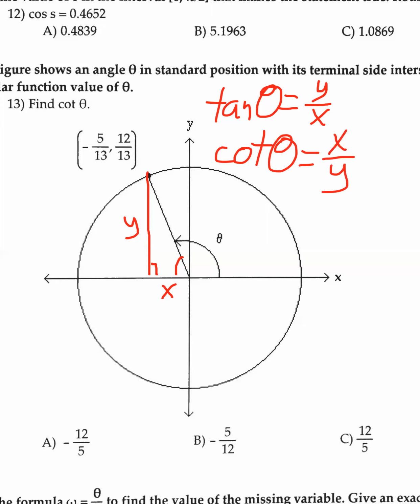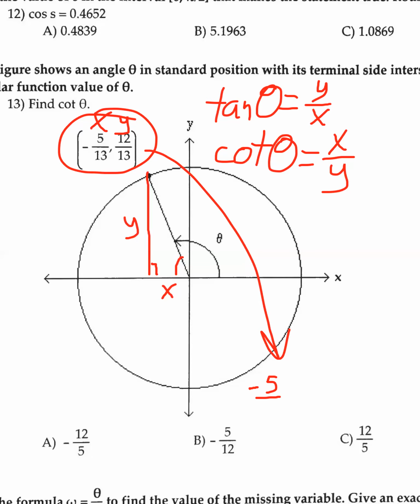Now I actually have those values. They gave them to me right here. That's x and that's y, right? So all I have to do is x divided by y. Now, what do you do when you have a fraction divided by a fraction? Do you remember? I'm going to write it down here so I have a little bit of room. So if I want to do x, negative 5/13, divided by y, instead of dividing by a fraction, remember keep, change, flip.